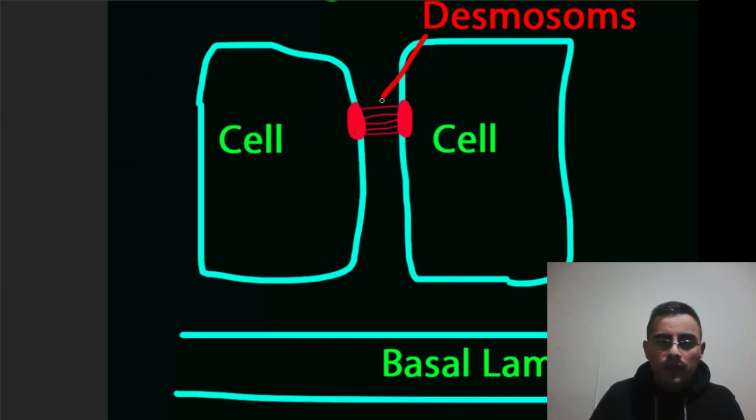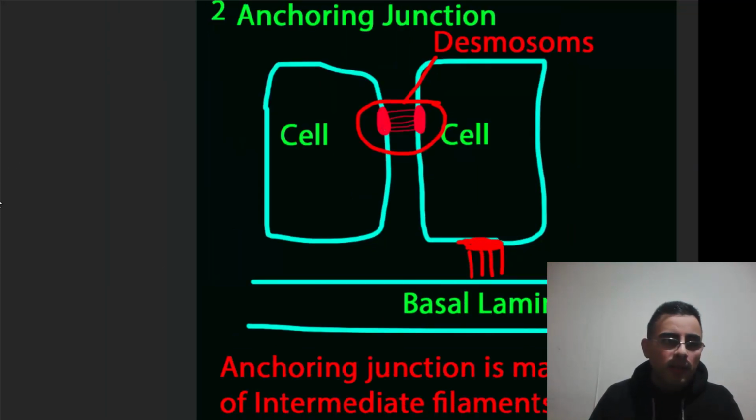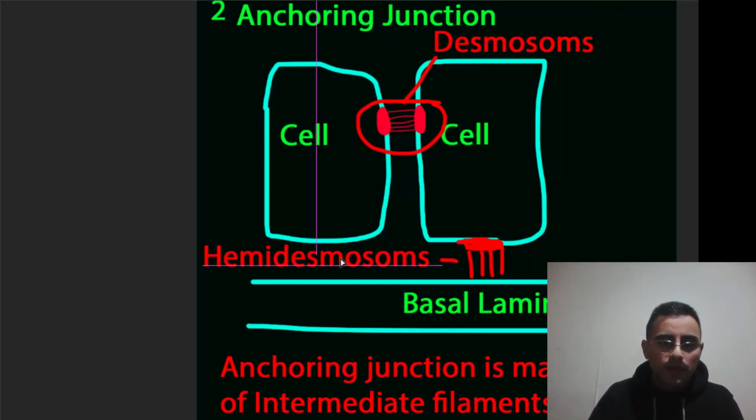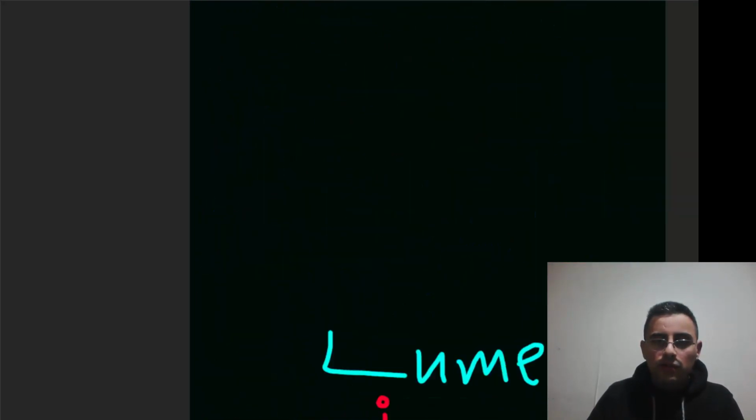It's very easy. If this structure is a desmosome, then half of it is a hemidesmosome. Let's paint it. Hemidesmosome is like that. Let's write: hemidesmosomes.